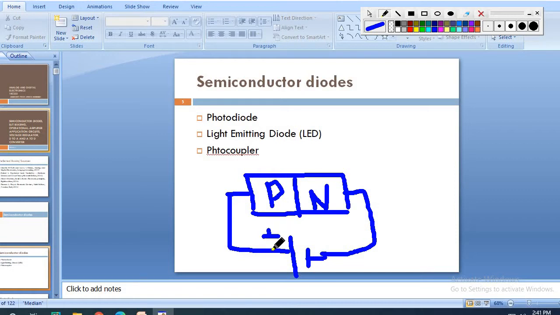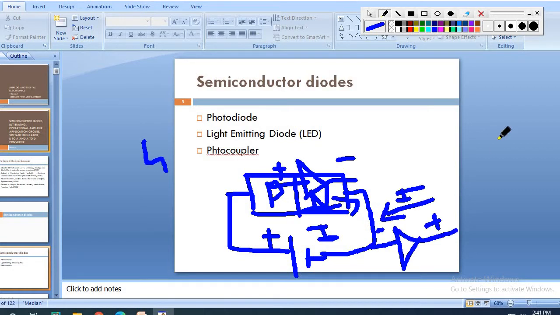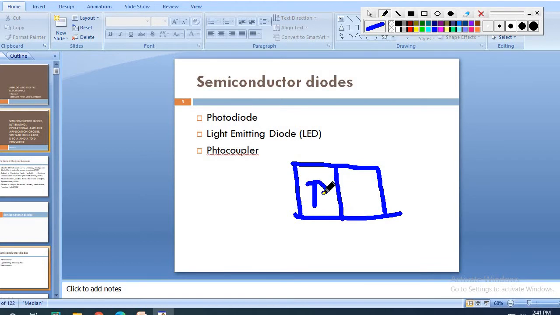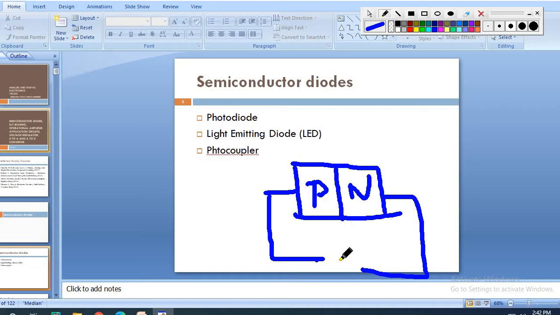This is positive, and this is negative. This is the PN junction diode.